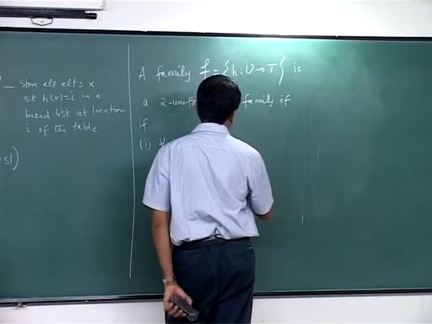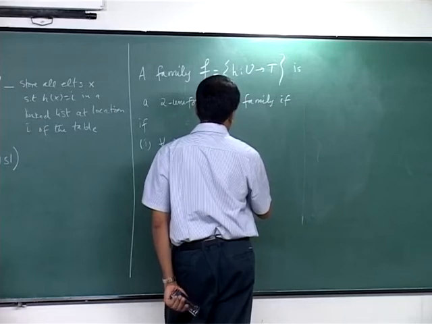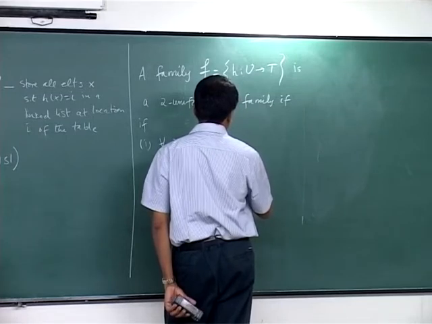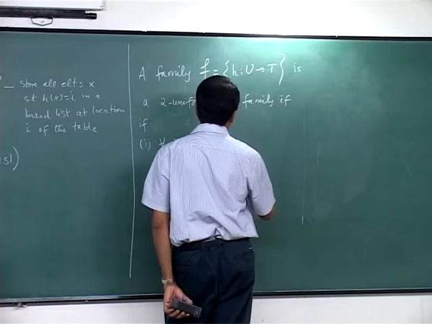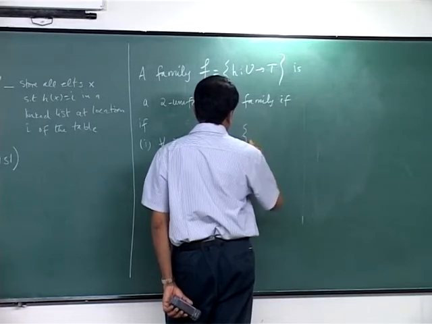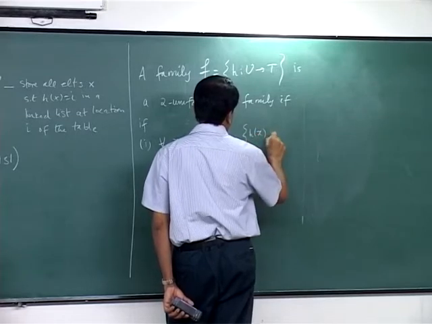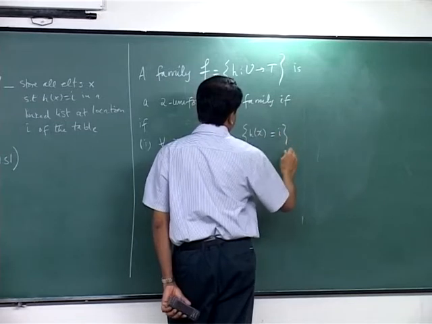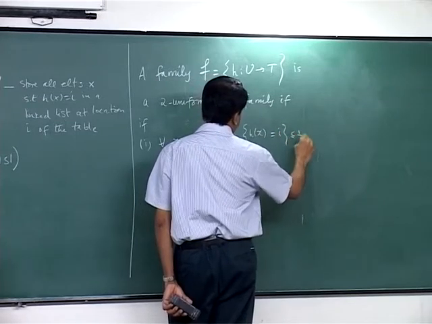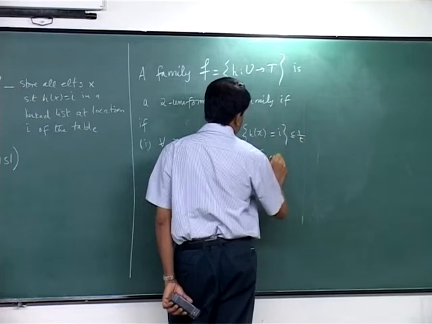The probability is that, h chosen uniformly, h of x equal to i is at most 1 over T for any i.